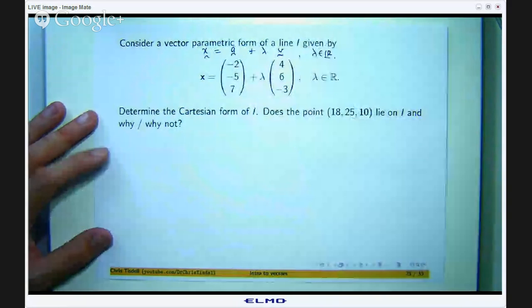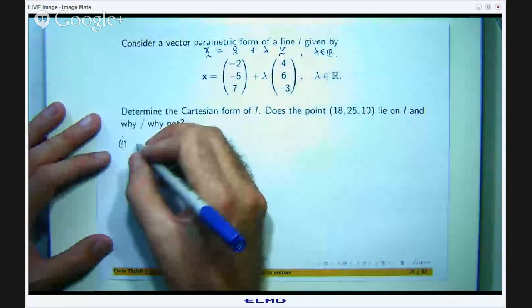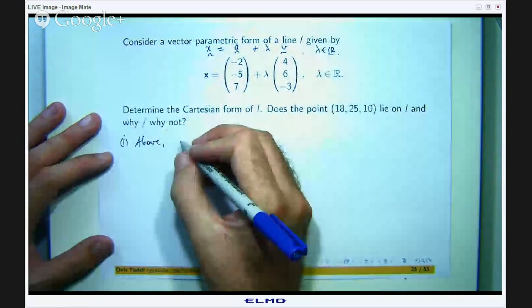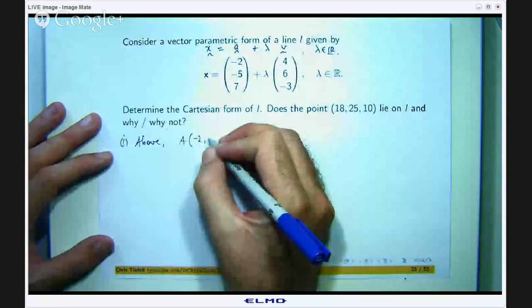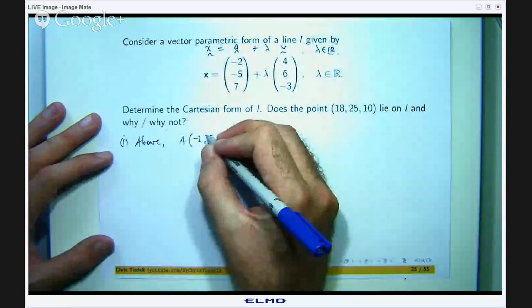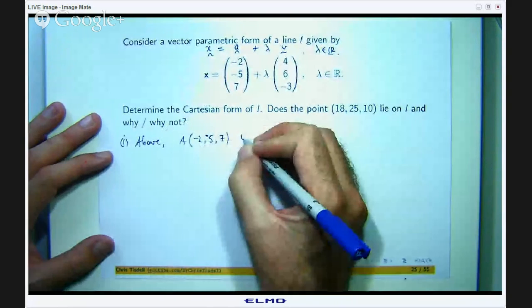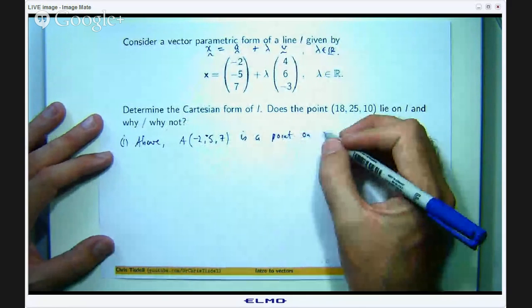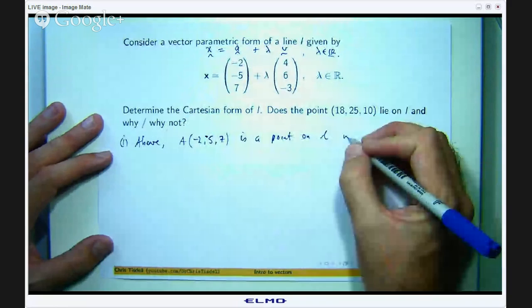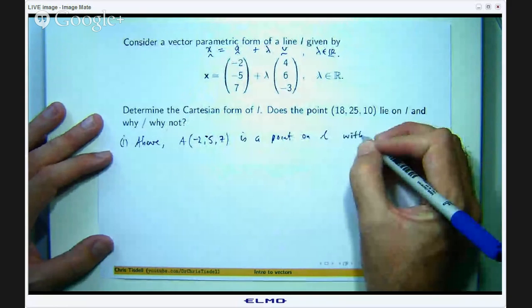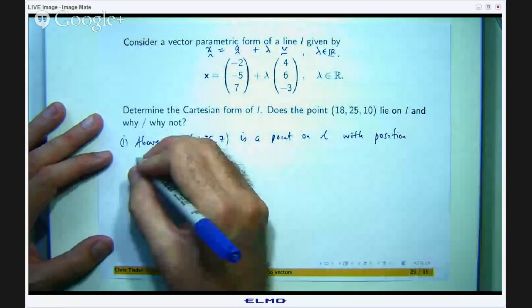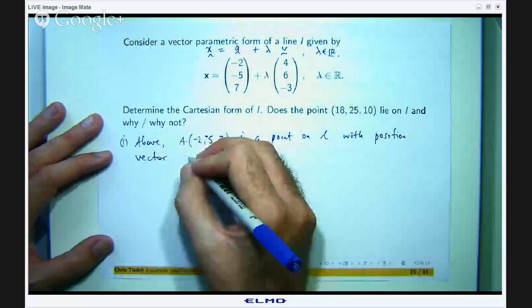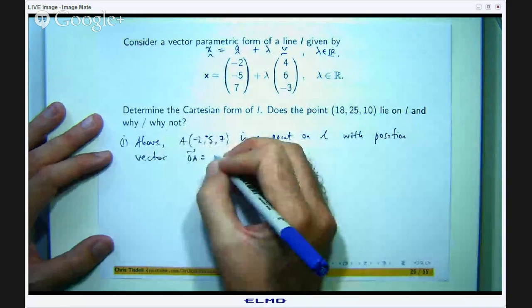All right. So A, -5 is a point on L with position vector OA.